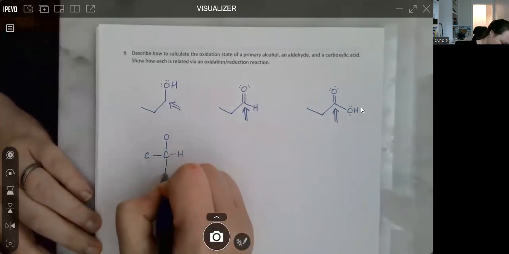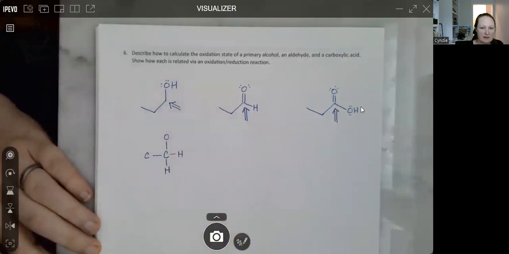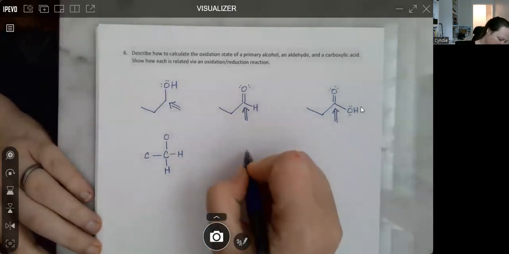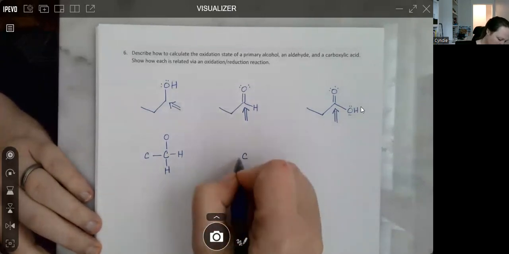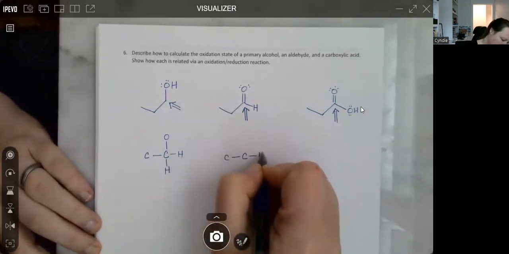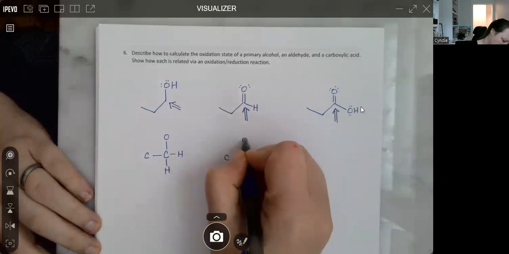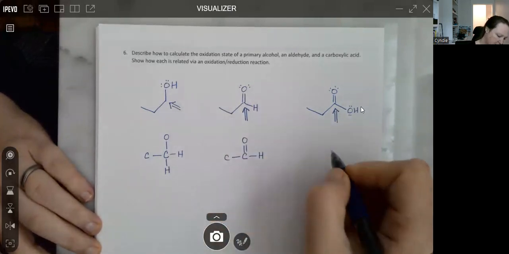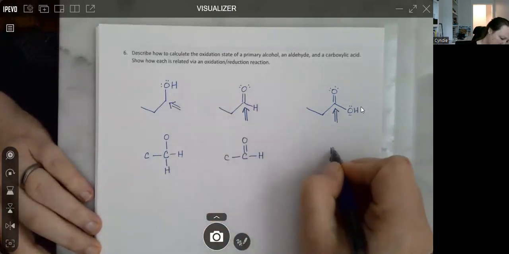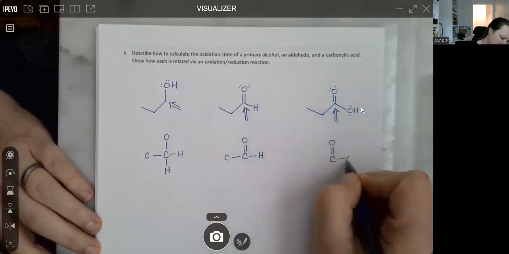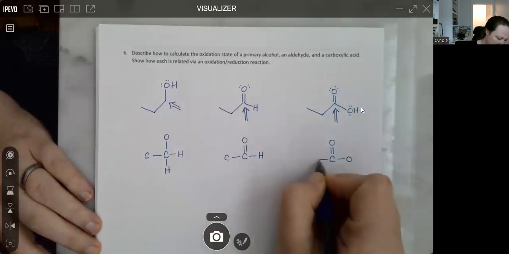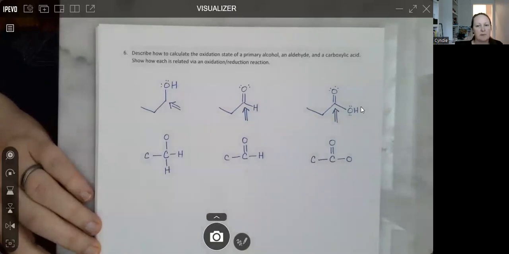So sometimes it's helpful also to think of it this way. This carbon is a carbon attached to a carbon, a hydrogen, and then double bonded to an oxygen. This carbon is double bonded to an oxygen, single bonded to another oxygen, and attached to another carbon.